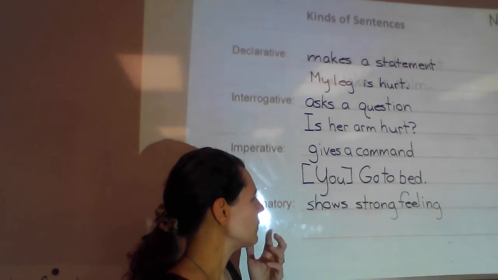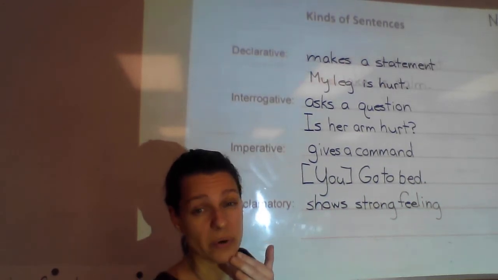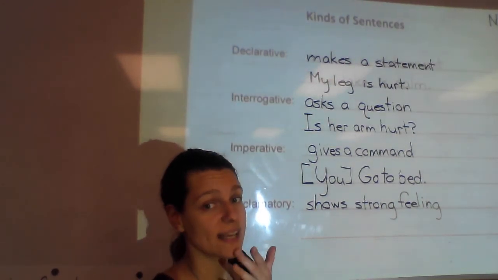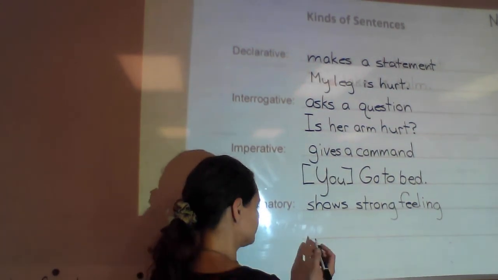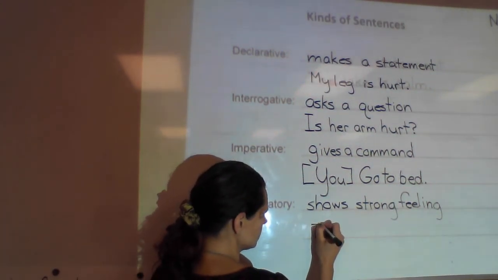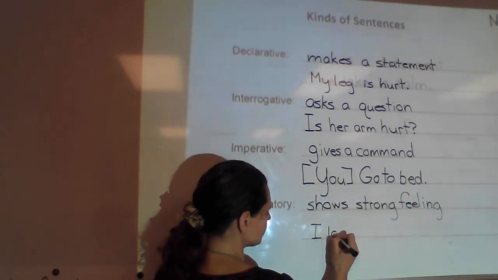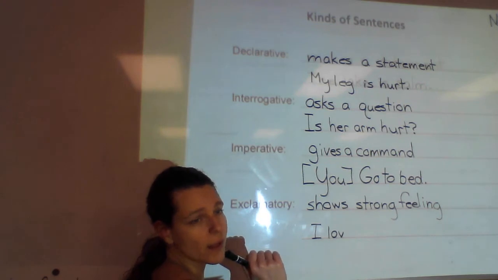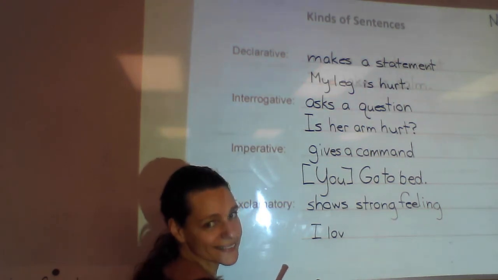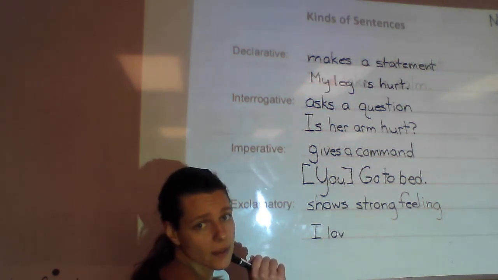Oh, love is a tricky word. I should have reminded you of that before we wrote it. How do we spell love? Good, love. Wait, is my word finished? Love, is that finished? It's not. Why not?